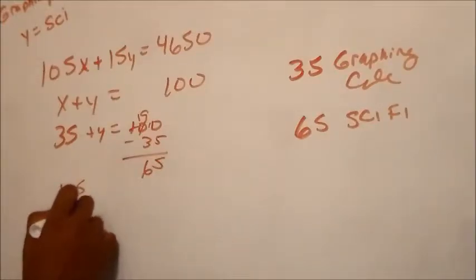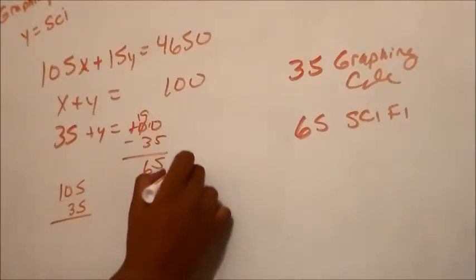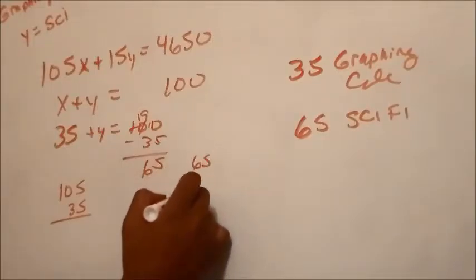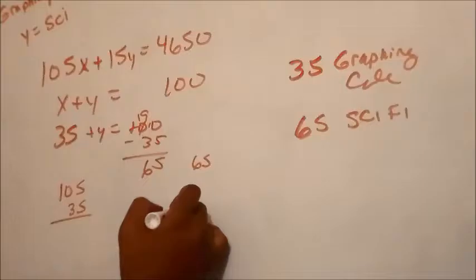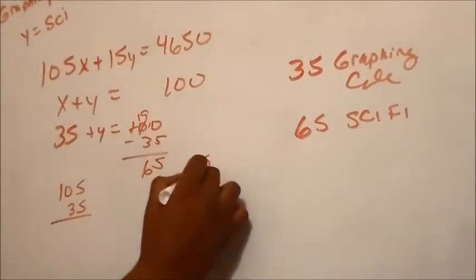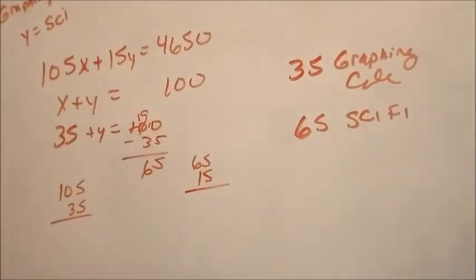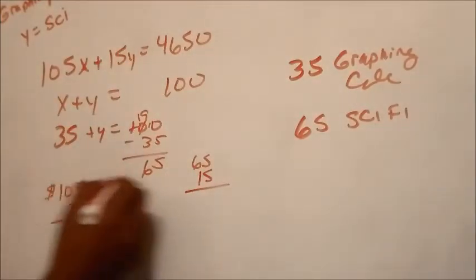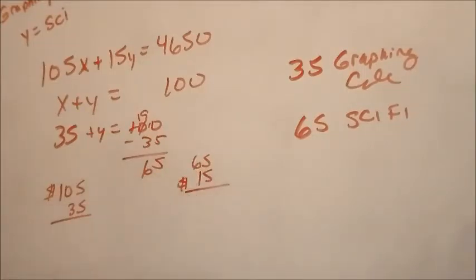times 35 graphing calculators, and then 65 times... 65 times what? $15 a piece. I'm sorry, I got lost. These were $105 a piece. These were $15 a piece.